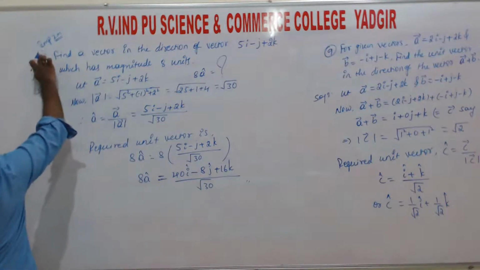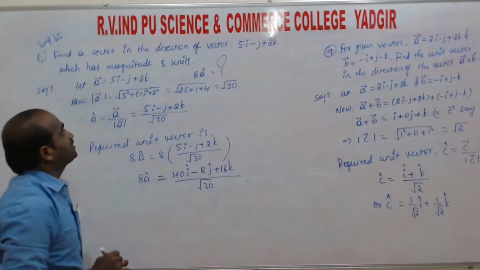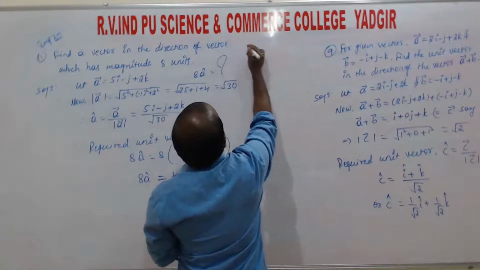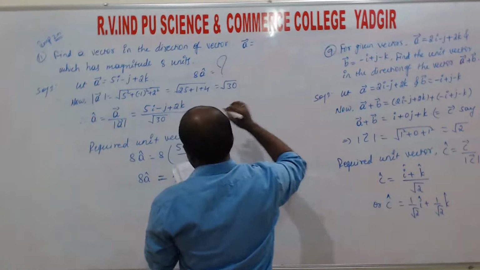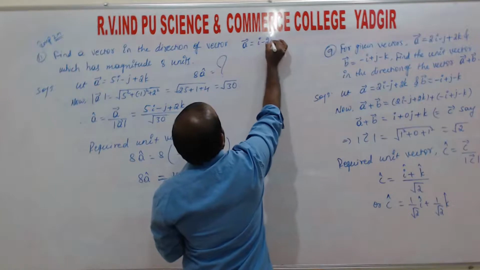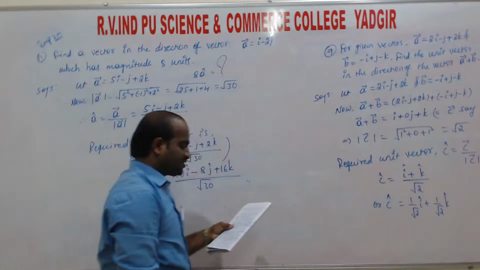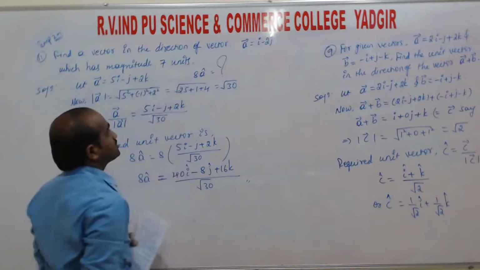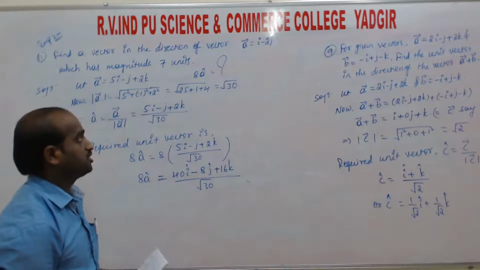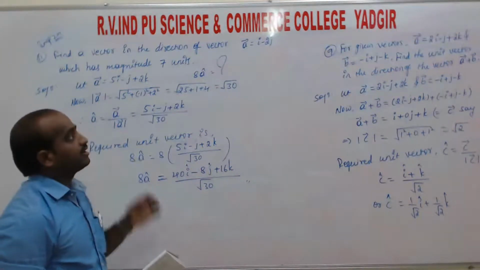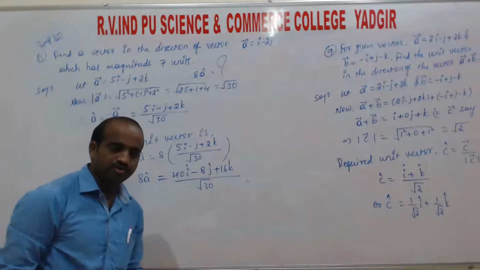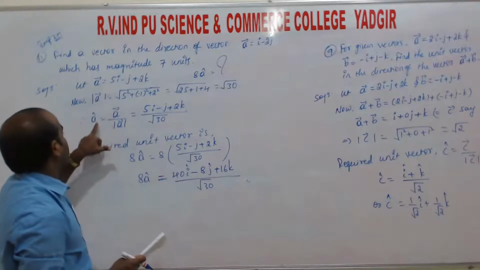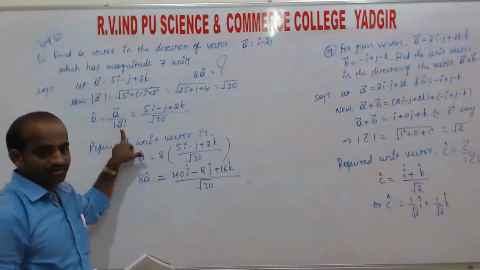Next is 11. Find a vector in the direction of the vector a vector equal to i minus 2j that has magnitude 7 units. Same procedure, but a vector is only i minus 2j. First you have to find the unit vector in the direction of the vector, a cap is equal to a divided by magnitude of a.